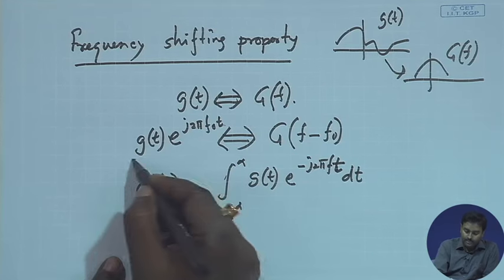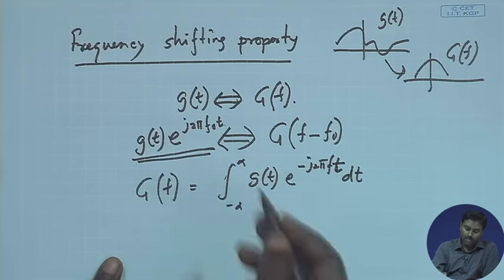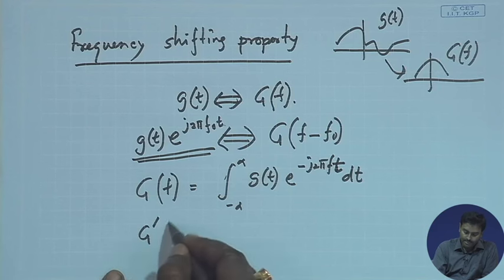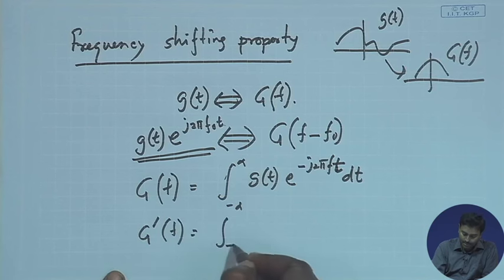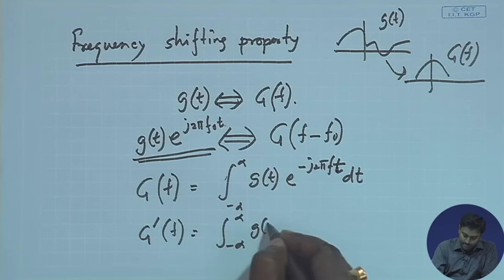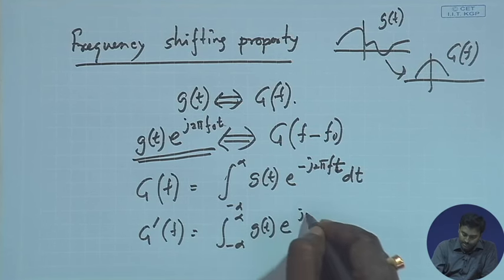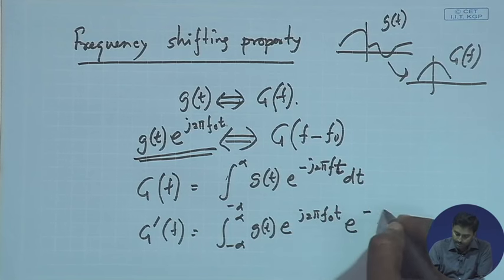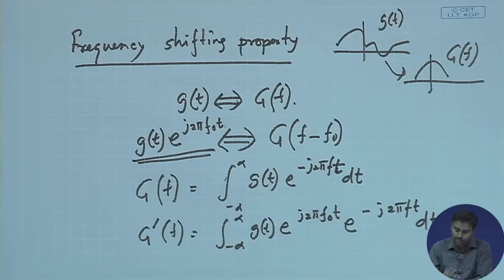Now, we want to take the Fourier transform of this one. So, let us denote that as G dash f, which should be the integral from minus infinity to plus infinity of g(t) into e to the power j 2 pi f0 t into e to the power minus j 2 pi f t dt. That should be the Fourier transform.